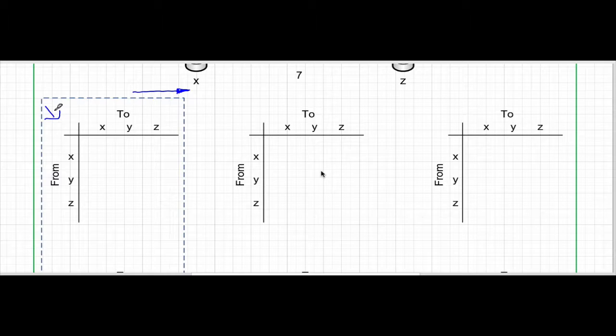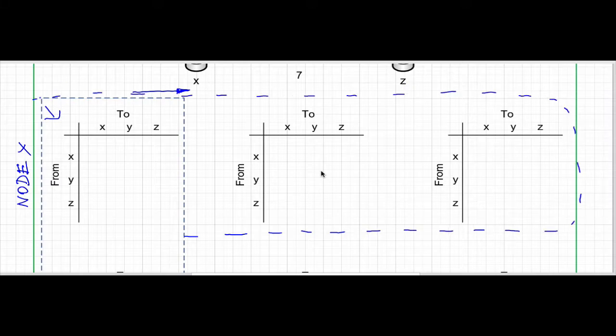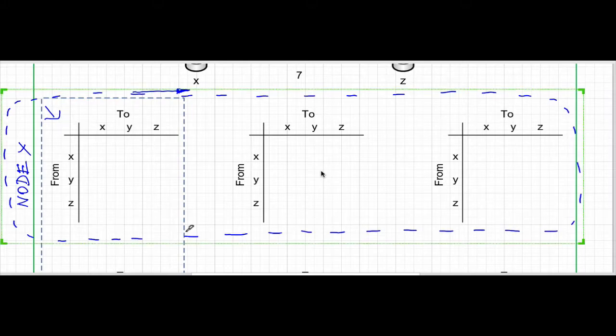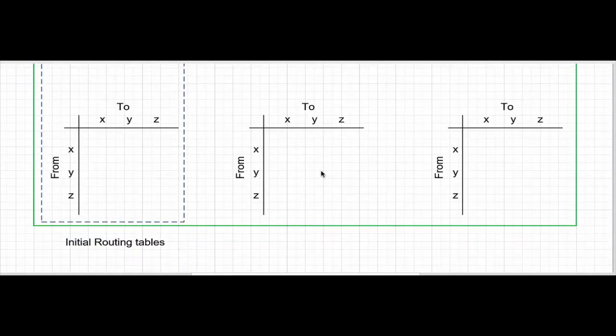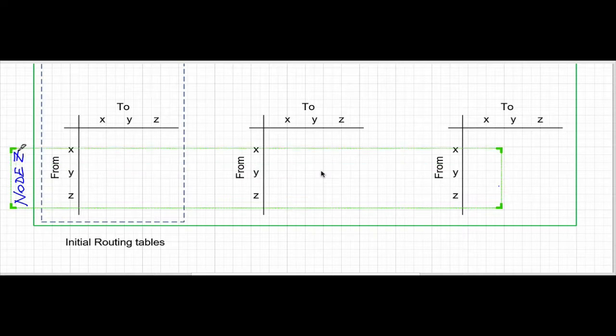The first row is going to be for node X. The next one is going to be for node Y, and the last one is going to be for node Z. Remember, time progresses as we move from left to right.